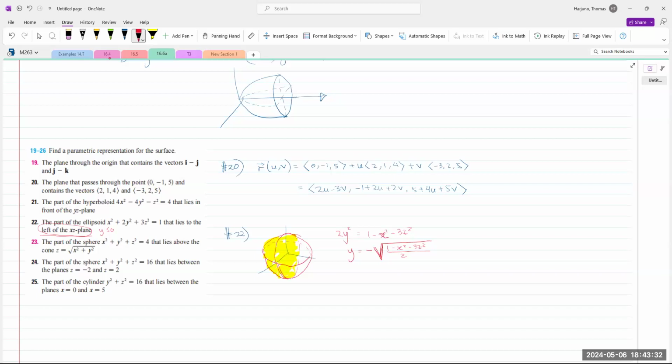You see that? So we can parameterize that using x and z, right? So r of x, z equals x, negative square root of (1 minus x squared minus 3z squared) over 2, and z.